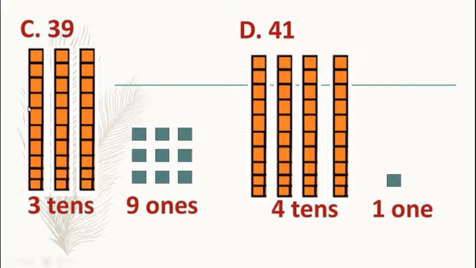We draw 3 thin rectangular shapes and 9 single blocks for 9 ones. In letter D, we have 41. So we draw 4 thin rectangular shapes for 4 tens and a single block for 1 one. Did you get the correct answer?